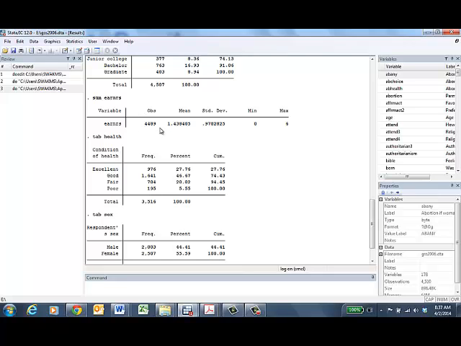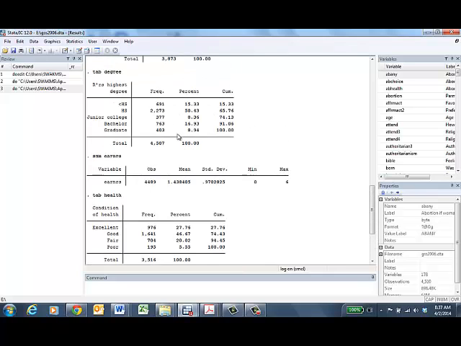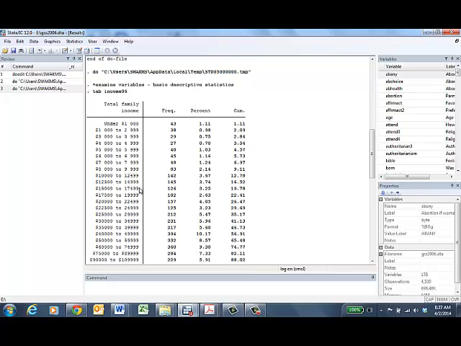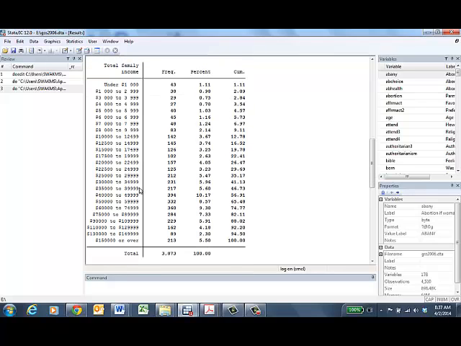Earners is the number of household income earners in 2006, and the range is from 0 members of the household to 6 members of the household, when on average it's closer to 1. Then this reports the respondent's highest degree of education. And then finally, the household income in 2006.